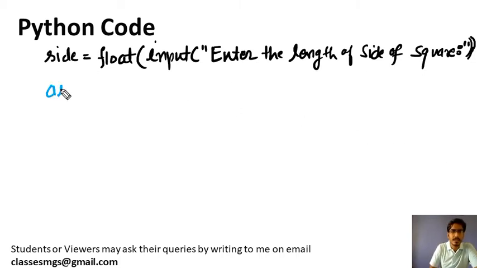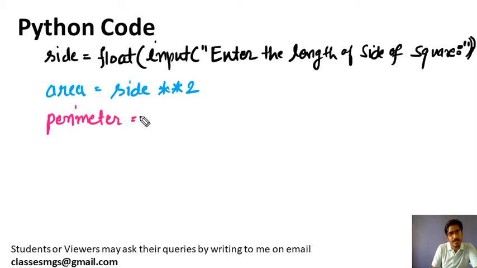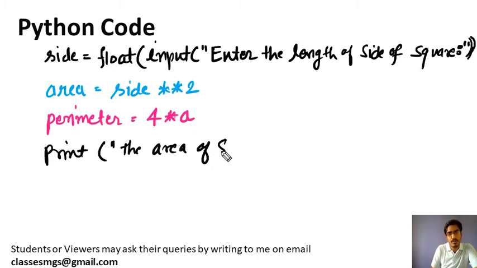So area equals to, we will write side double star 2, because side square is the formula. Then we will write down the perimeter variable we will create, and we will apply the formula 4 star a. Okay, and then we will print simply. Print the area of square is what?